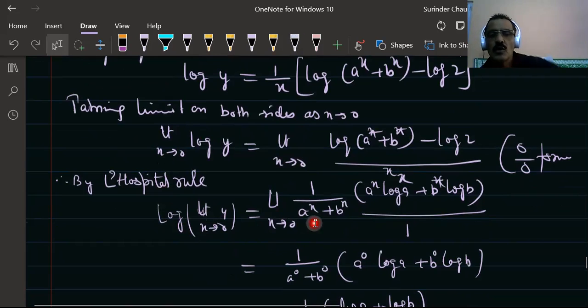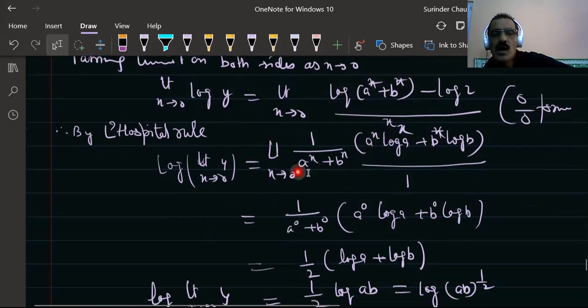The limit as x approaches 0 of d/dx of log of (a to the x plus b to the x), times 1 upon a to the x plus b to the x, into d/dx of a to the x plus b to the x, which is a to the x log of a plus b to the x log of b. The log of the constant is equal to 0, and d/dx of x is equal to 1.